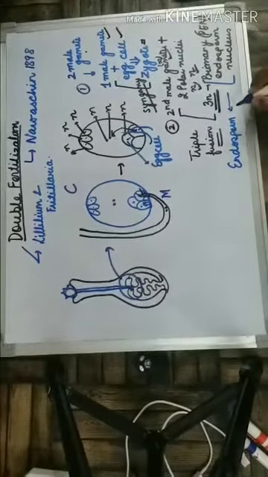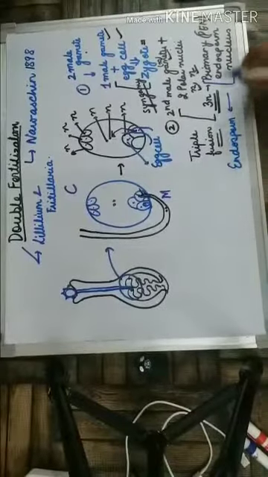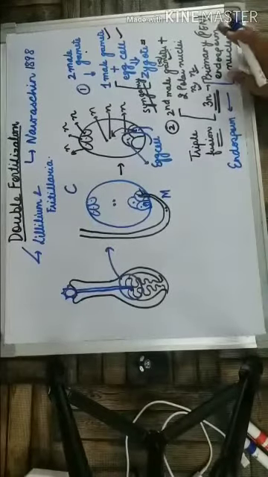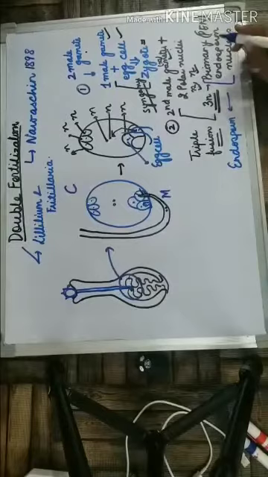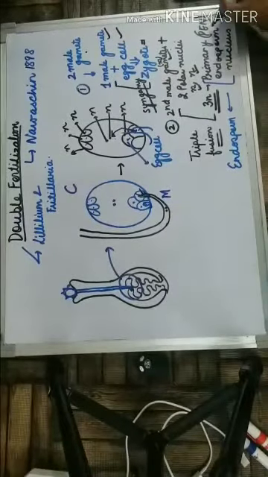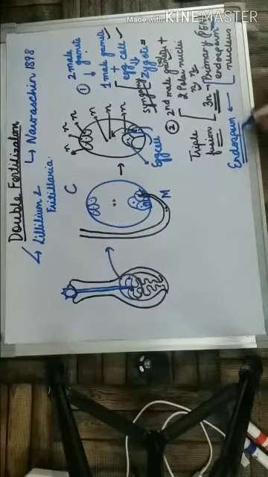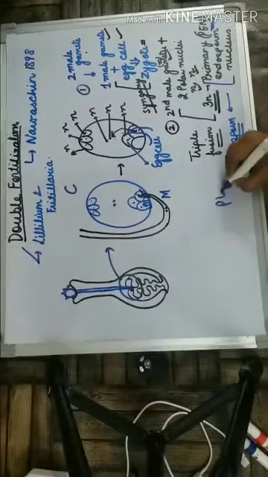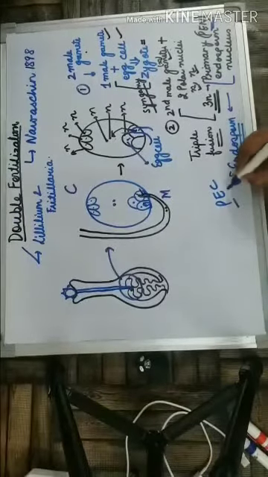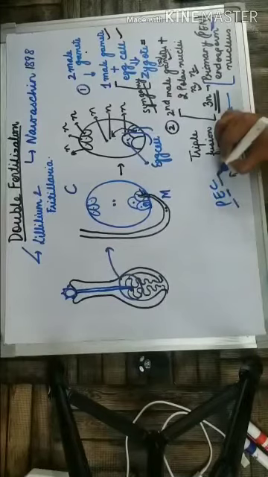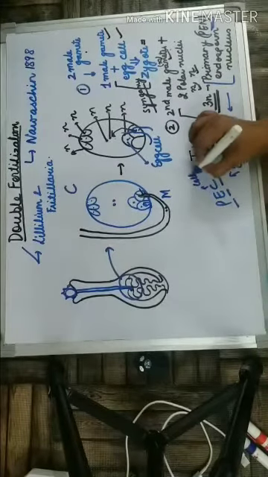So this is the unique feature of angiosperms. Now, this PEN further forms the primary endosperm cell, which is also called PEC. This is called a cell now.